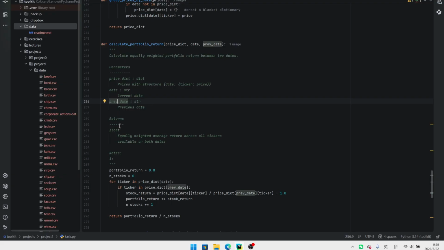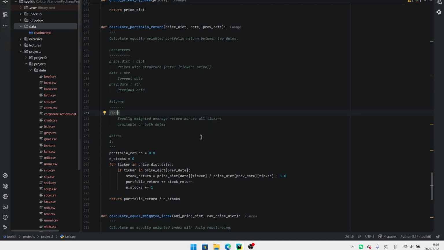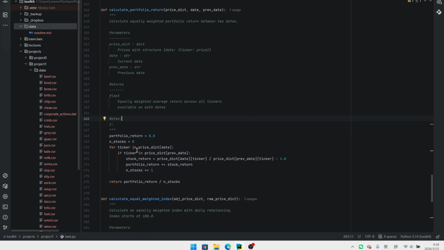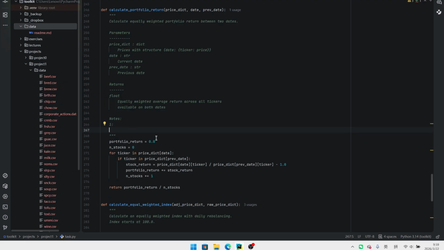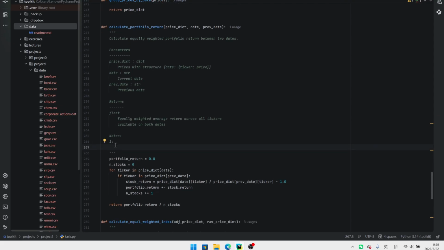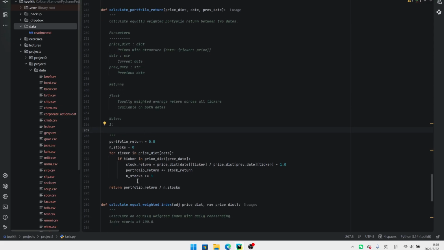The return is a float, the equally weighted average return across all tickers available on both dates. So the portfolio return starts at 0.